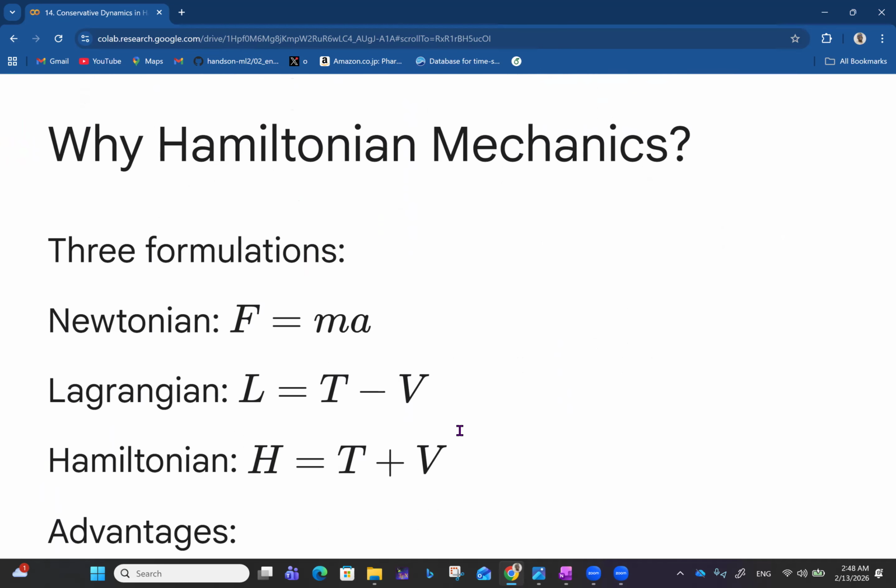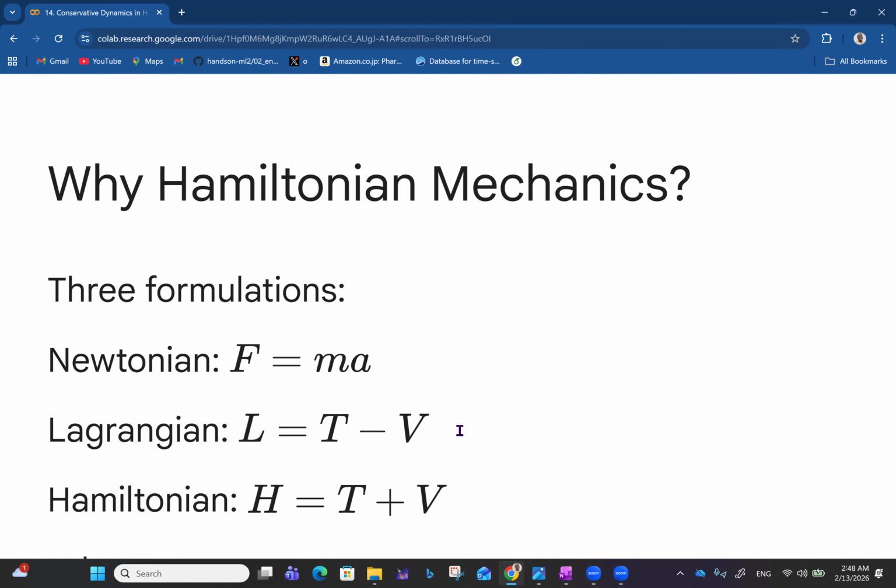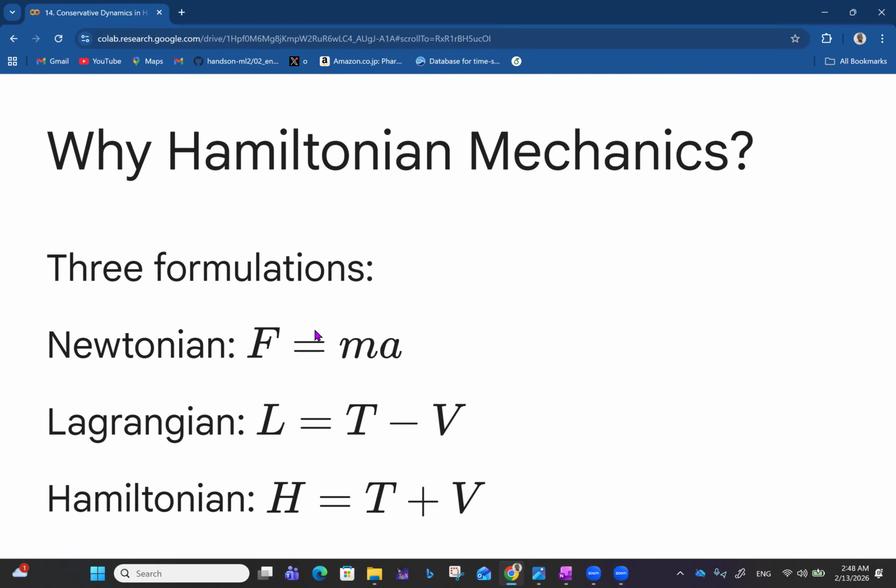So why Hamiltonian mechanics? Why do we need to study it? We have three formulations. The Newtonian formulation tells us that force is mass times acceleration. The Lagrangian tells us that L is equal to T minus V, kinetic energy minus potential energy.